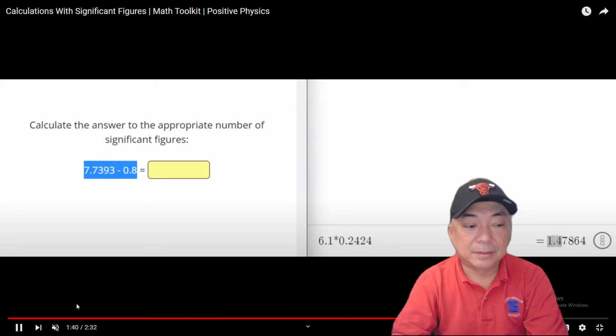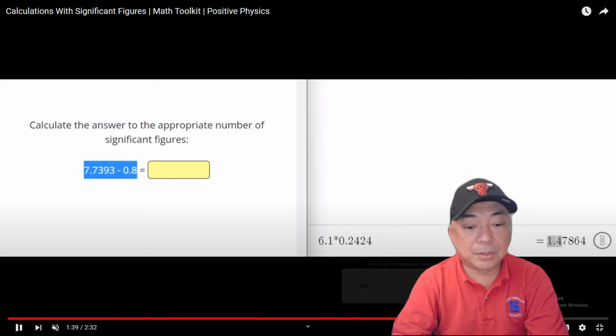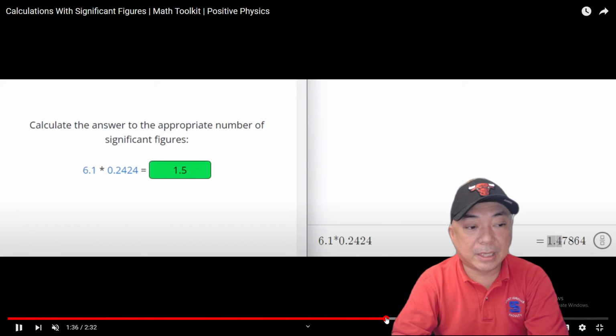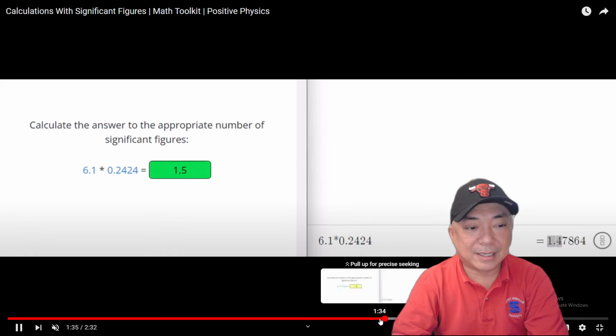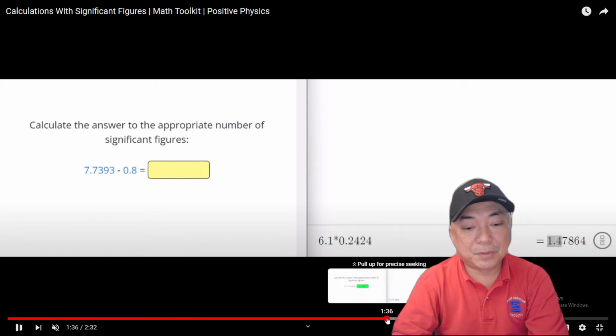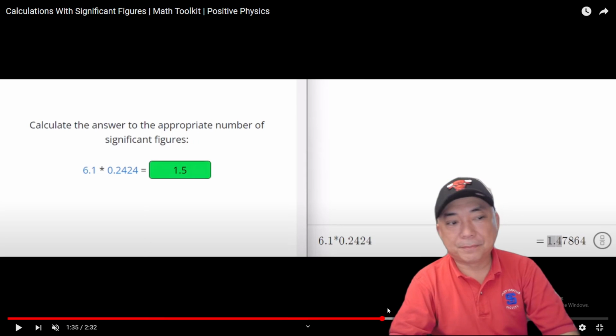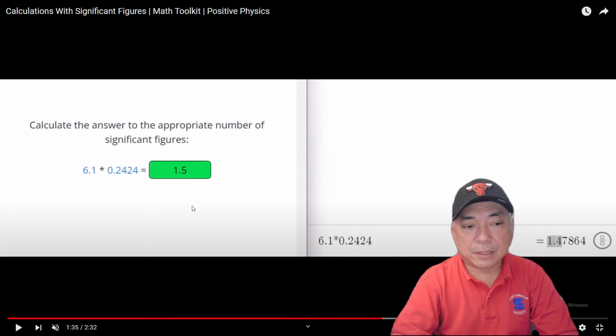There you go. Where was the answer? I was looking for it. Did we see it? Oh yeah, this one. This was the answer. 1.5. Two significant figures.